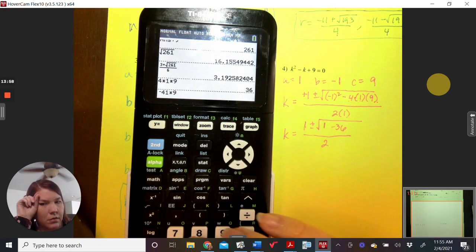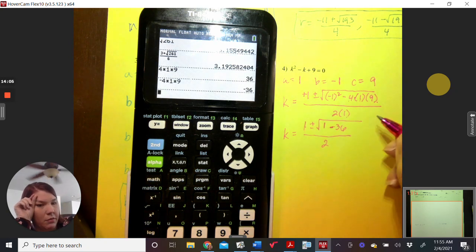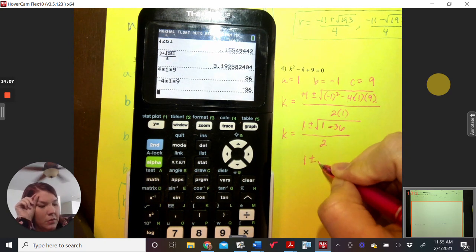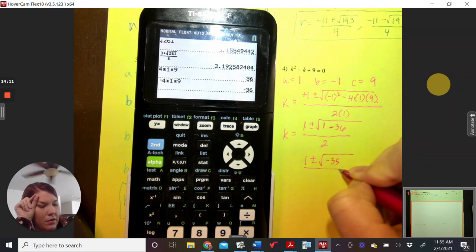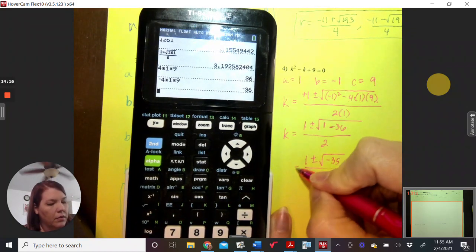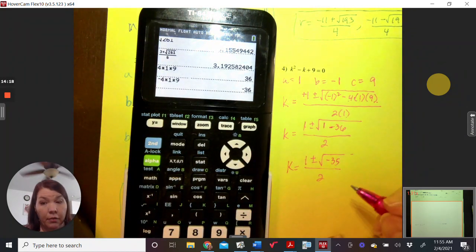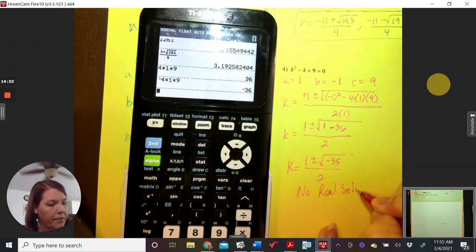Negative 4 times 1 times 9, so it's minus 36. This is why I have the minus sign there. 1 plus or minus the square root of 1 minus 36 is negative 35, over 2. Square root of a negative number, so no real solutions. We're done.